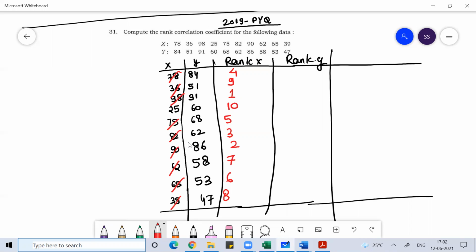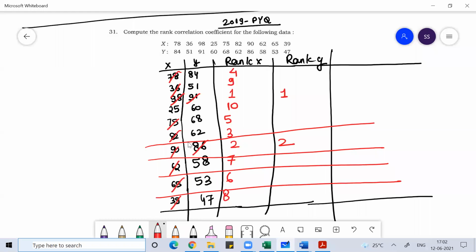So we'll give rank to X and Y. Now I have given rank to X, and the same way we can give rank to Y. The highest one is 91, rank 1. Then 86 is there, rank 2.